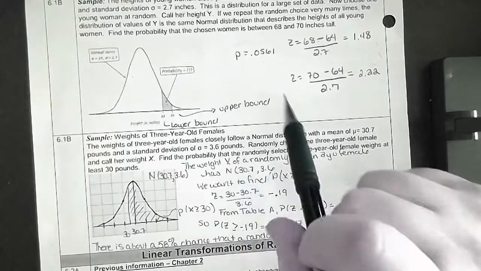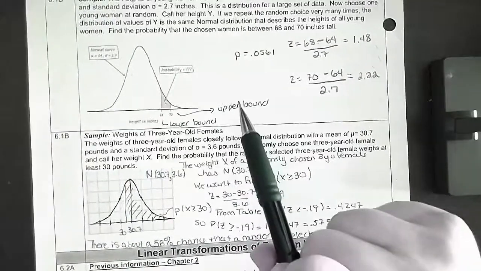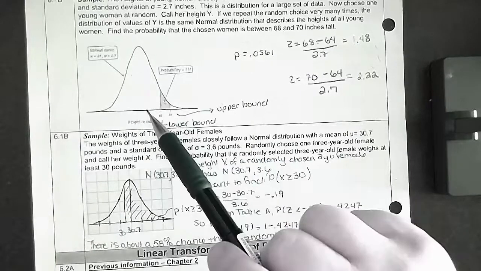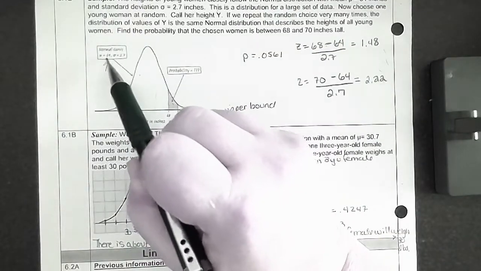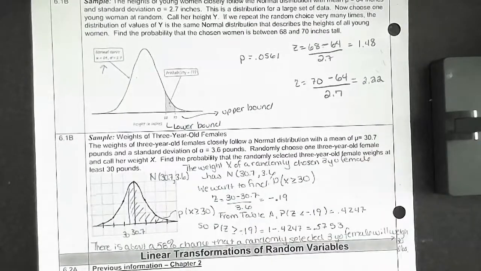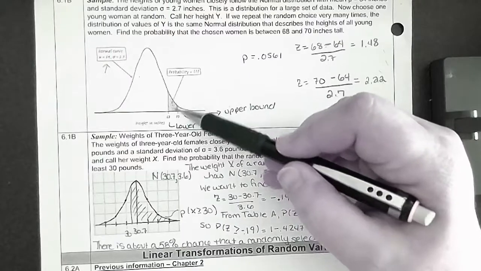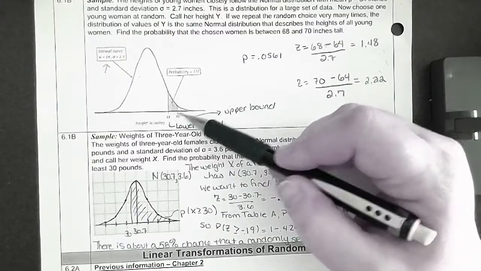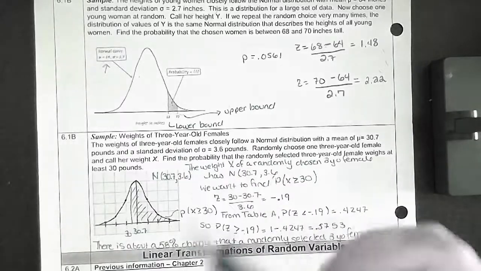When you're using your calculator, which is totally fine, I would draw the normal curve. Make sure that you write down that it's normal, what the mean and standard deviation are, so that you know what you're doing. And again, draw the curve and show the probability you're taking. This is only necessary when you're doing a short answer question.